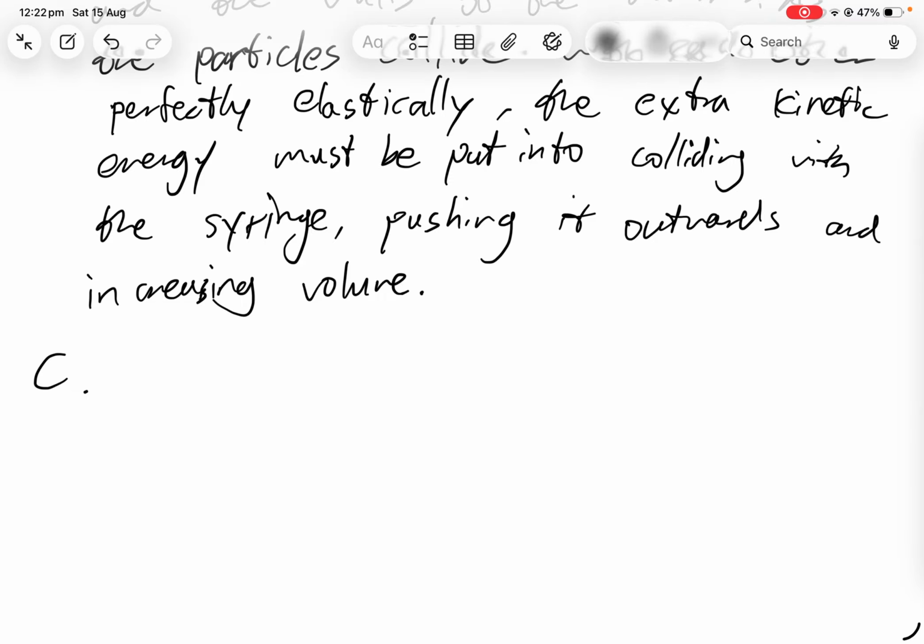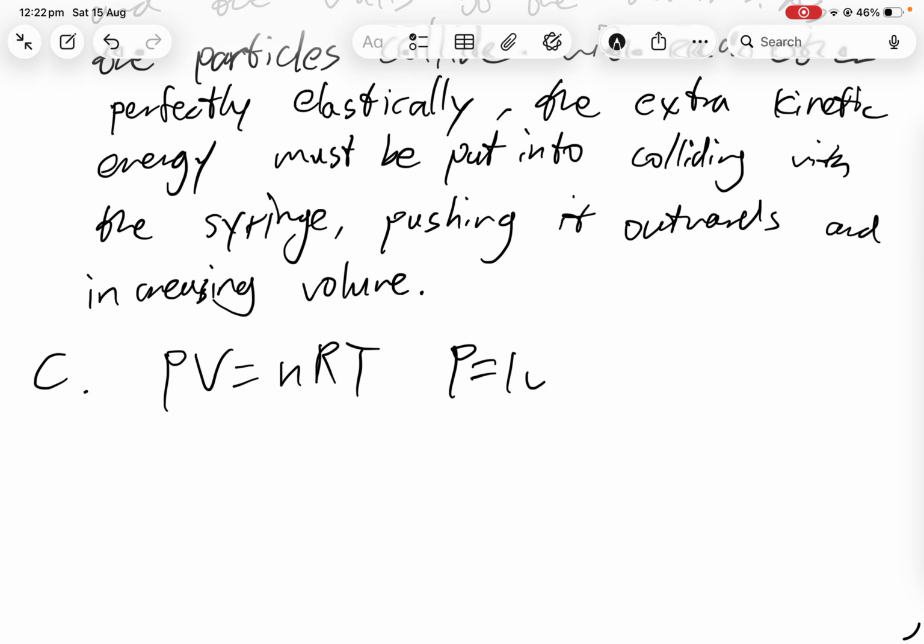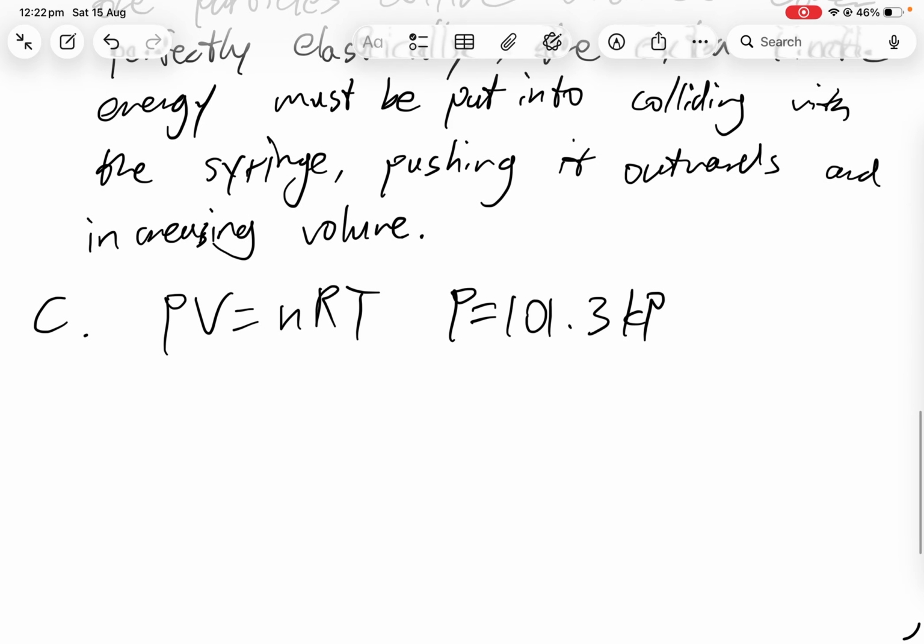And for part C, it says to assume the air inside the syringe behaves as an ideal gas, use the data exclusively from trial 2 to calculate the exact number of moles of air trapped inside the syringe. So it's just using the PV equals nRT formula, and we know that pressure is 101.3 kilopascals.